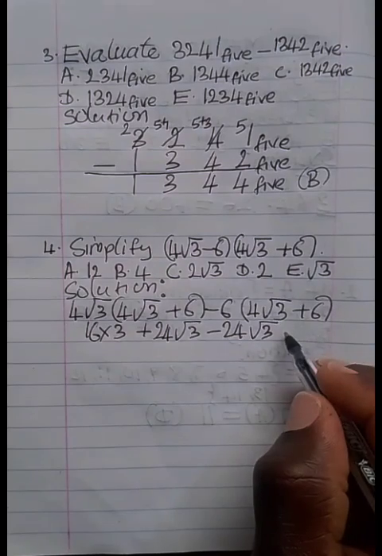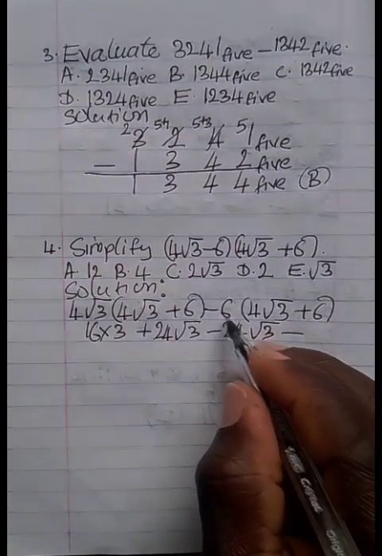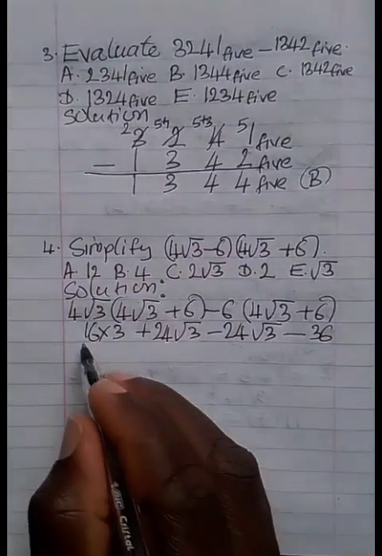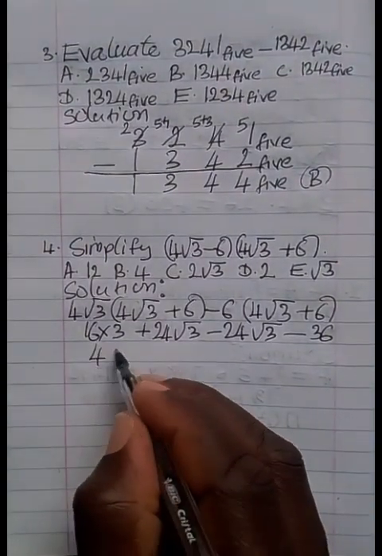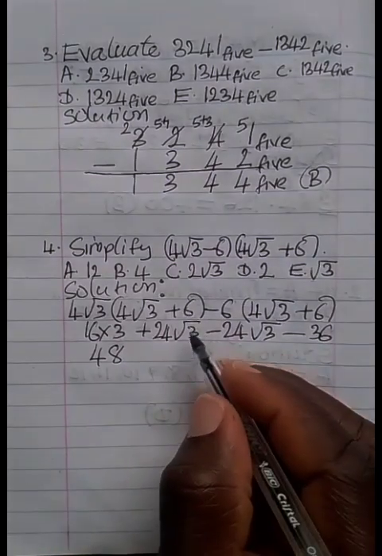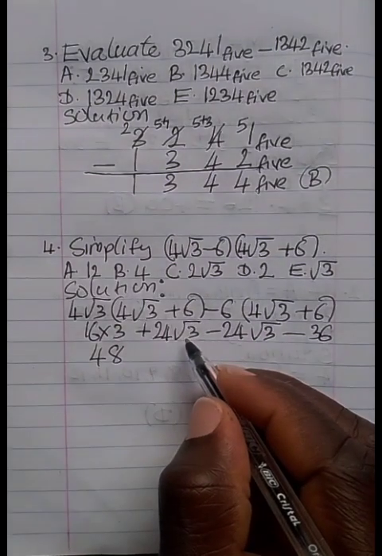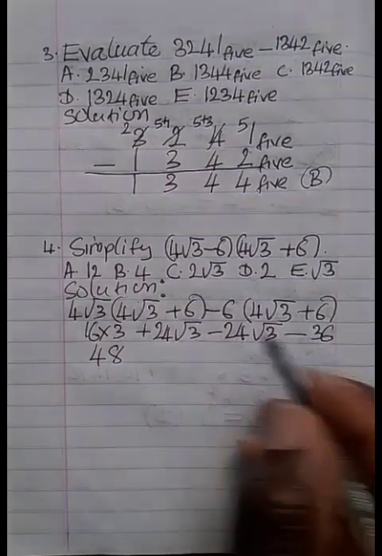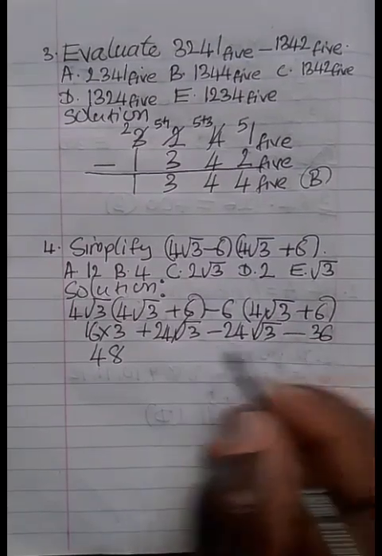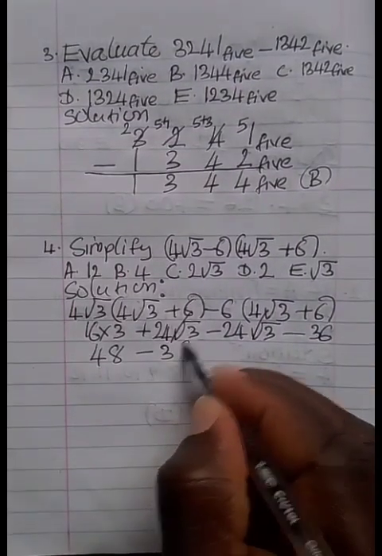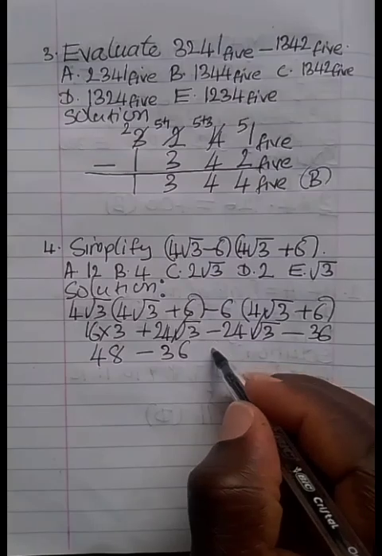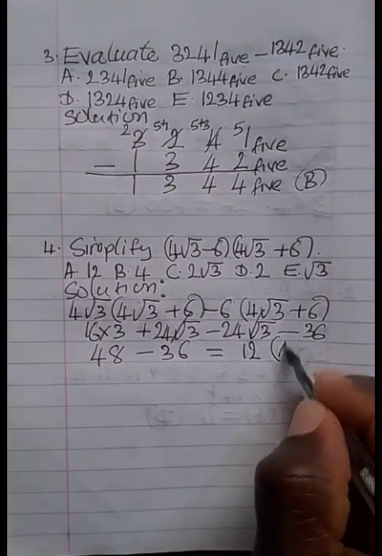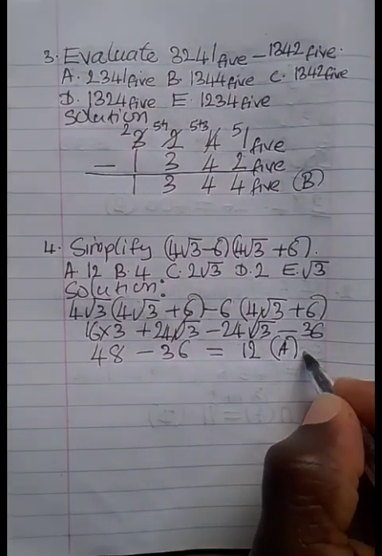Minus times plus is minus. 6 times 6 is 36. If you multiply from here, you have 48 plus 24 root 3 minus 24 root 3 is 0. So we have minus 36. When you subtract, you have 12. That is option A.